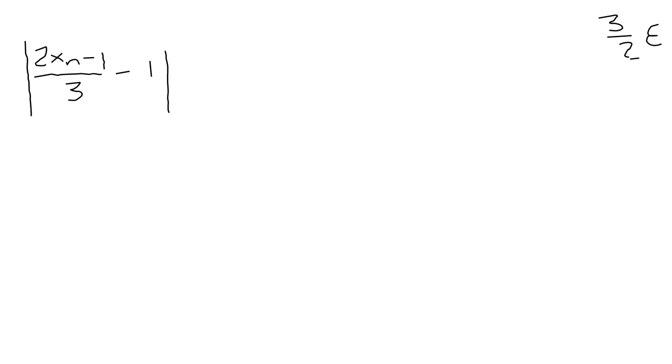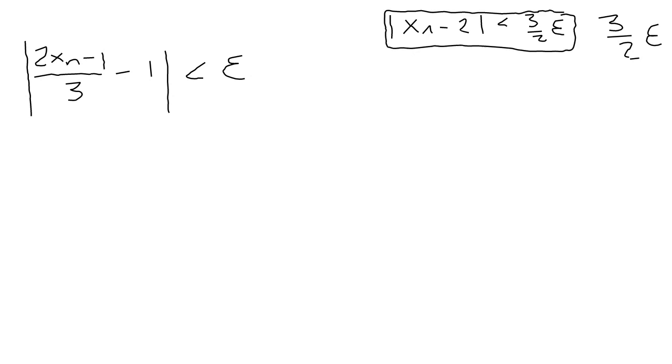Good. We want it to be less than epsilon. But at the same time, we know that we have chosen that absolute value of x sub n minus 2 must be less than 3 over 2 epsilon. That's the capital N that we've chosen. So write that over there.